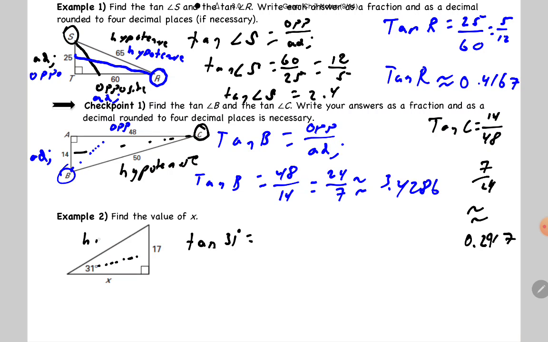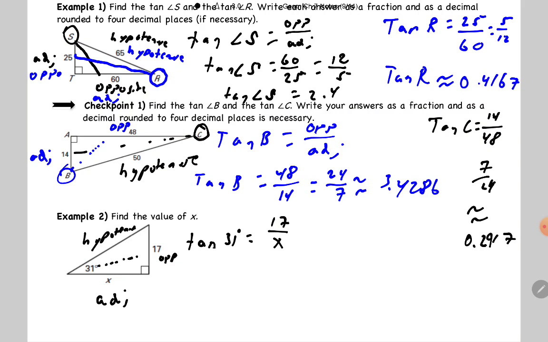This is the hypotenuse. This is my opposite of my 31 degrees. And then my last remaining side is my adjacent, which is right next to it. So tangent of 31 degrees is 17 over x.